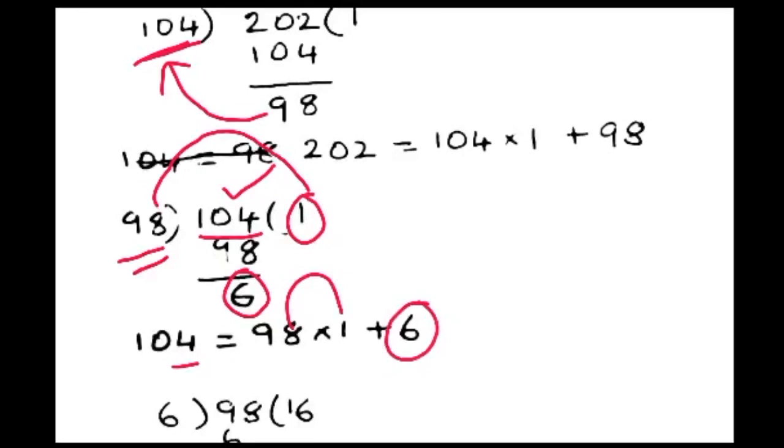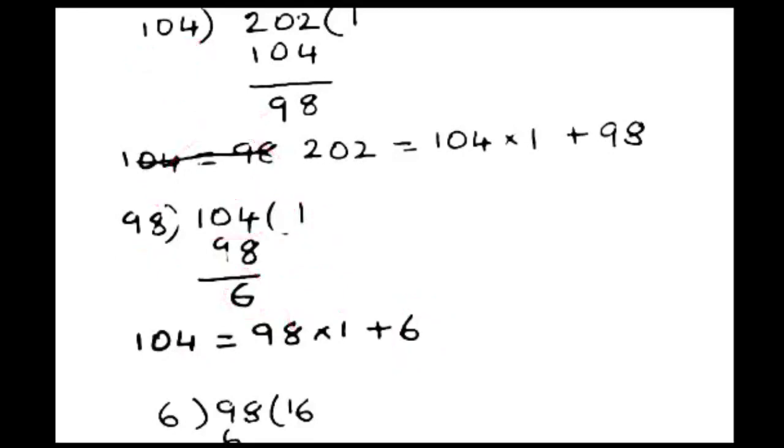Now, we have to divide the divisor by the remainder in the next step. We have to divide the divisor 98 by the remainder 6.